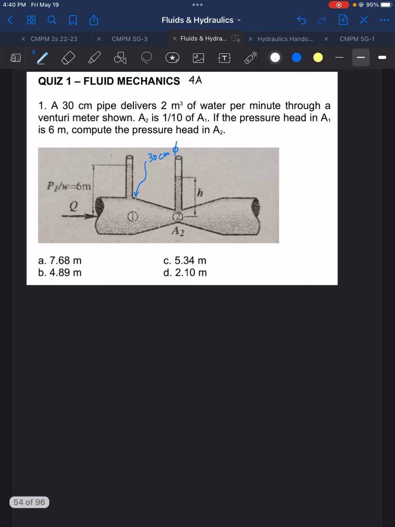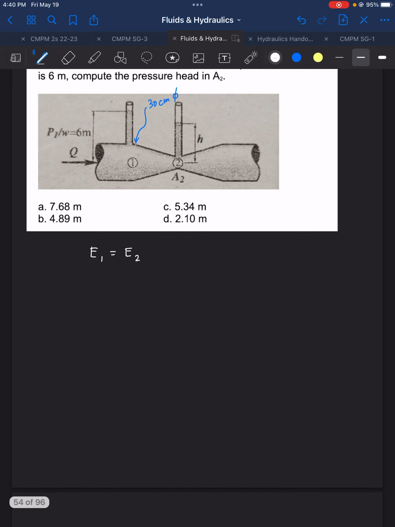For the pressure head, we will use Bernoulli's energy equation. So we have energy at 1 equal to E sub 2. For E sub 1, we have our datum line here. So this becomes our datum line.